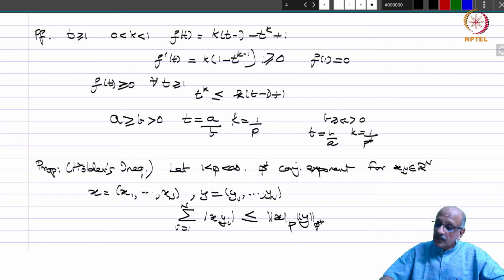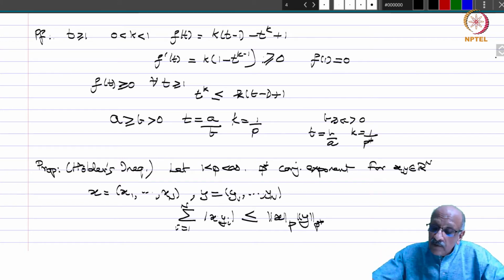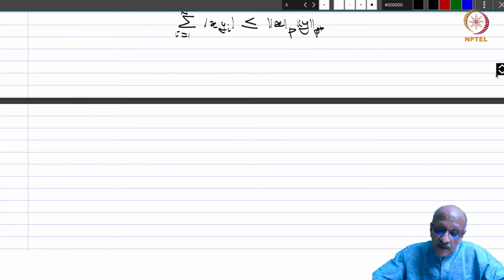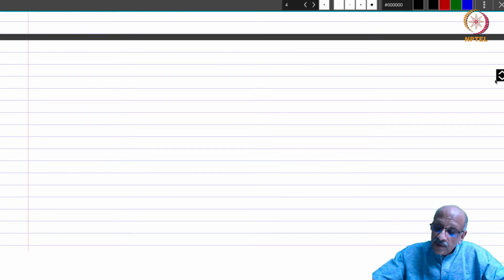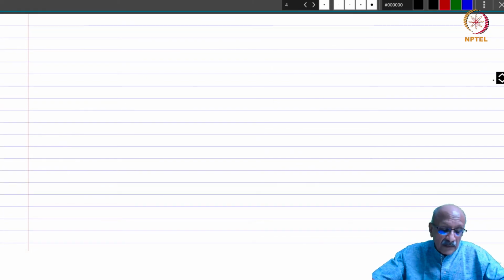So this is a very important inequality which we will frequently come across in the future, and therefore we will take some time to prove this.